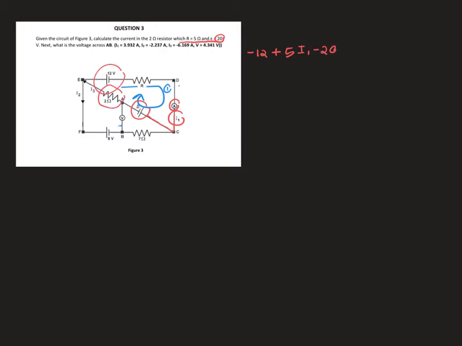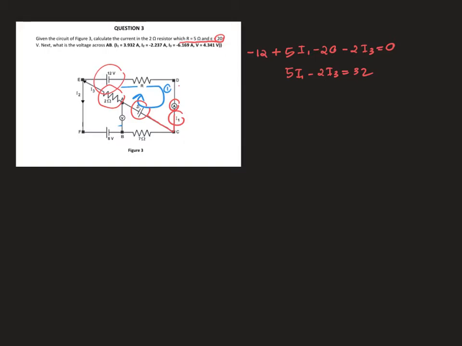My resistor here: my assumption loop and the direction of I3 are in the same direction, therefore it's going to be negative 2 I3 equals 0. Rearranging everything, you get 5I1 minus 2 I3 equals 32.